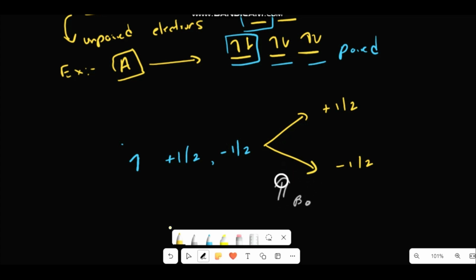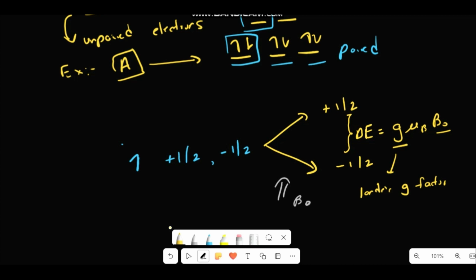Our applied magnetic field will create an energy gap delta E, which can be calculated by this equation: g mu B B naught. This B naught is the applied magnetic field, g is called the Landé g factor, and this is another thing which is called the Bohr magneton.